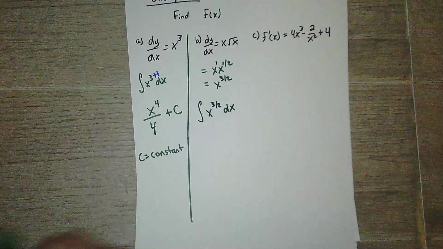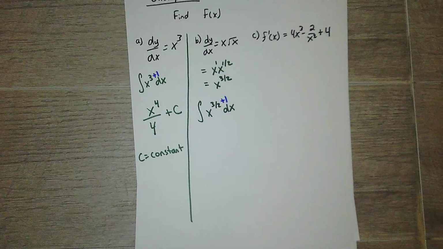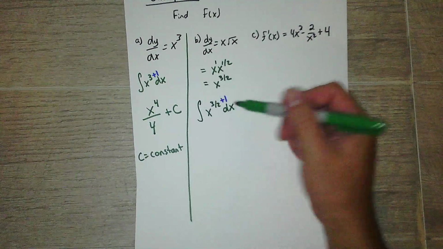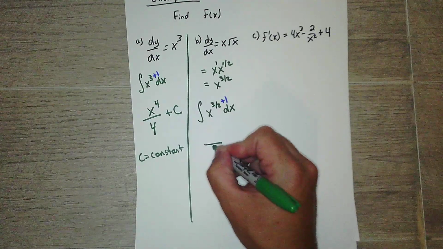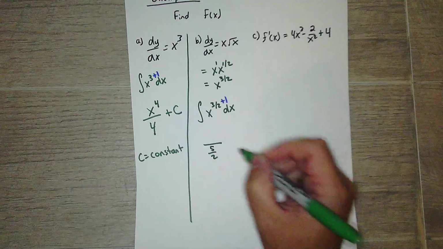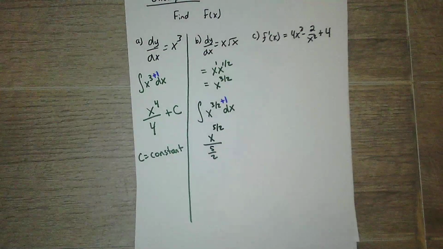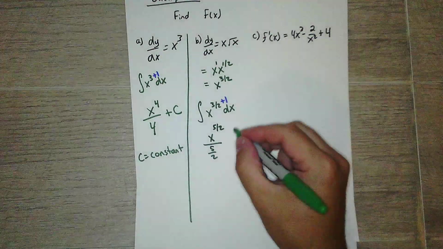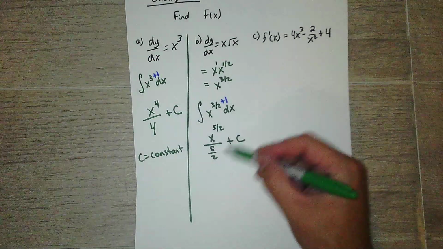I'm going to add 1 to the exponent, and 3/2 plus 2/2, same thing as 1, is 5/2. So you always divide by that number, and then I write it with the new exponent. And I add on my plus c. Now let's clean this up a little bit.